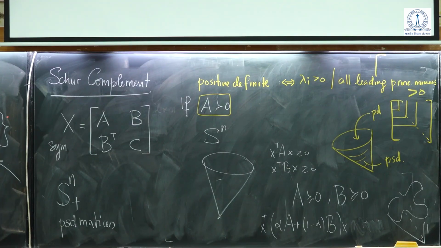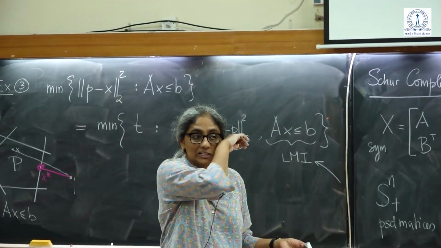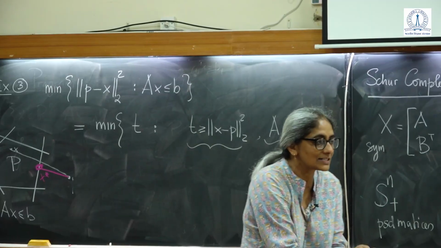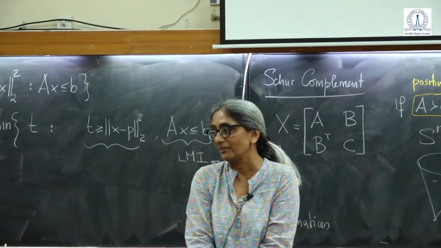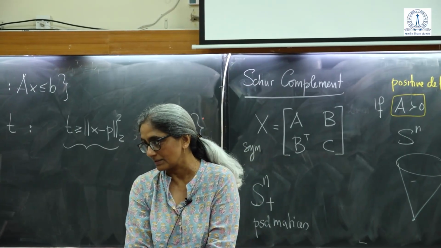The positive orthant of Rn is a convex cone inside Rn, right? And similarly, this is a convex cone inside Sn, the space of n by n symmetric matrices. So you should think of this as the positive orthant of the space of n by n symmetric matrices. That's one way to think about the PSD cone.